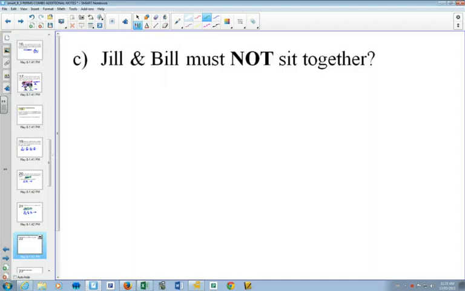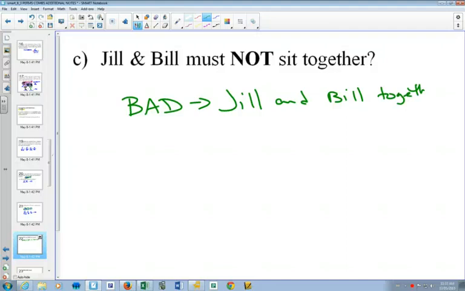So what we do is something I call the not strategy, when it's easier to count the bad ones. And the bad ones in this case are when Jill and Bill are together, right? And we did that in A. How many ways were there in A to count them together? 48. If we counted all the permutations, that would just be 5 spaces, 5, 4, 3, 2, 1, 5 factorial, which would be 120.